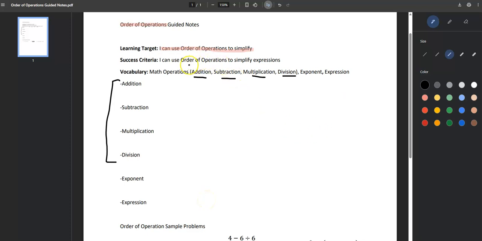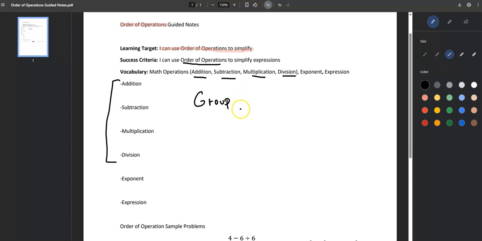So when we talk about order of operations, when we have these expressions, we have to do our mathematical simplifying in a specific order. Here's how we're going to look. The first thing we look for is any type of grouping.